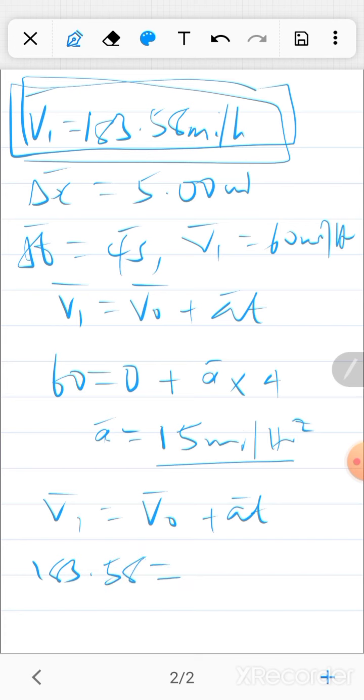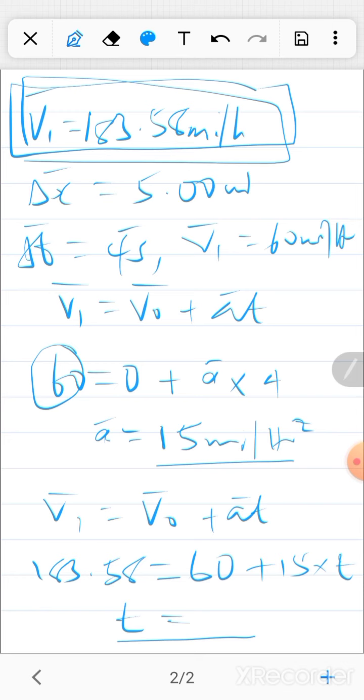The v0 we're using is now 60 because he gets from 60 to that maximum speed. The acceleration we have already calculated, and we're finding the time it takes him to get to maximum speed. So from this calculation you can get the time it takes him to get to maximum speed.